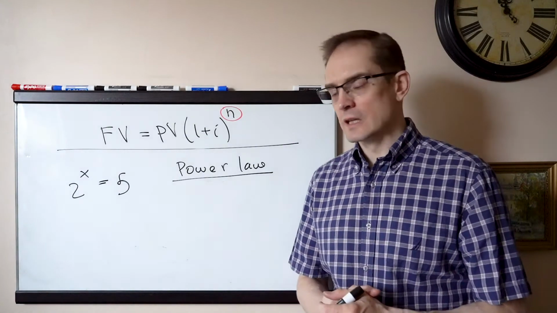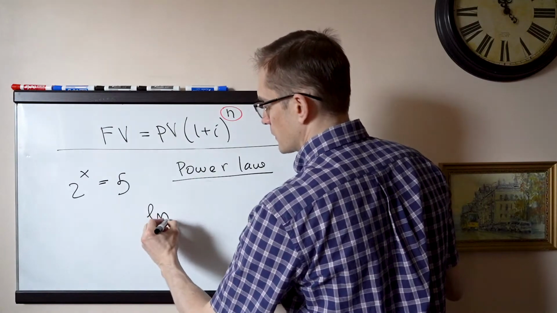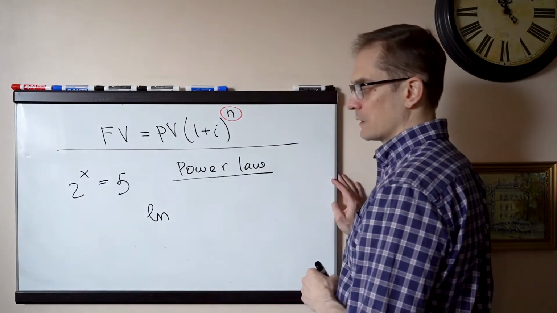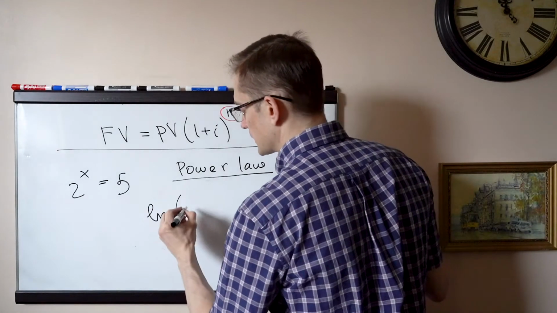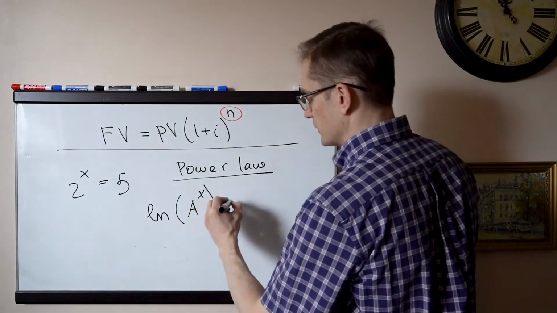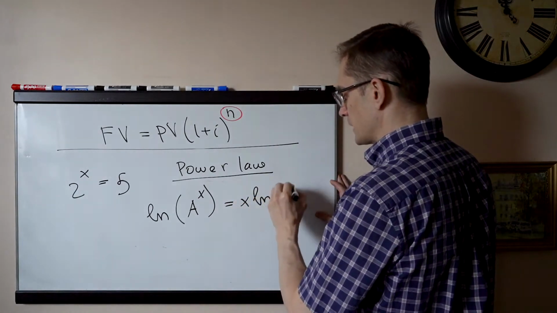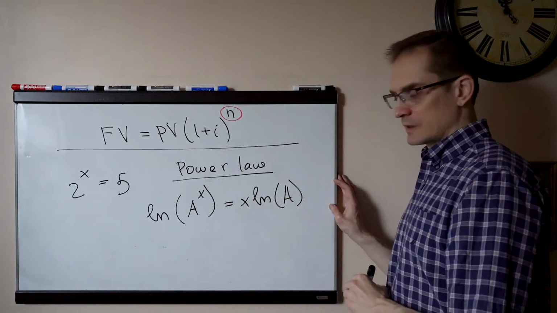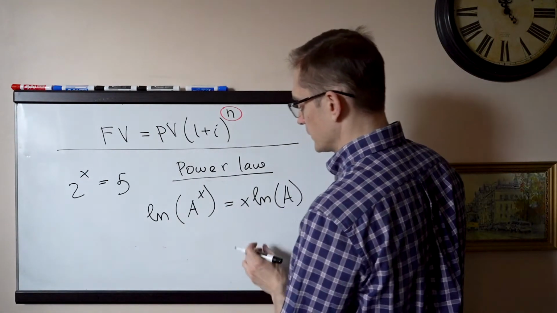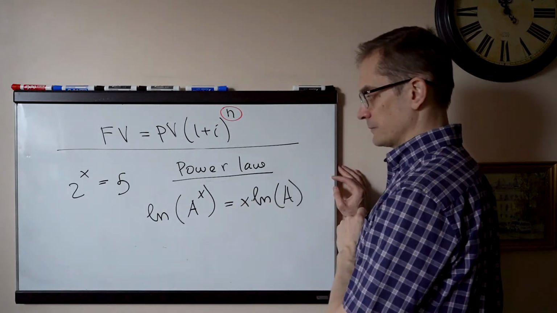information about logarithms. So the power law says that if I have a natural logarithm, and what natural log is really not important right now, but if I take that natural log of any exponent, that exponent will come in front of that natural log as multiplication. So when natural logarithm acts on an exponent, it comes in front as multiplication.